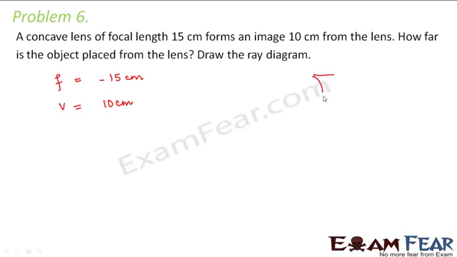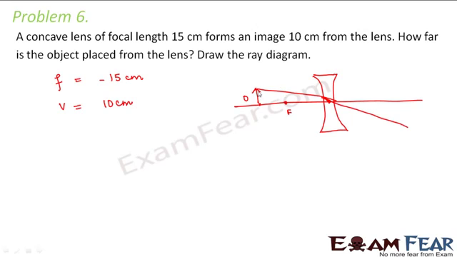So first let us try to plot the ray diagram. This is a concave lens. This is the principal axis. Now let us suppose the focal length F is here. This is my object O. One ray of light passes through the optical center and goes undeviated.